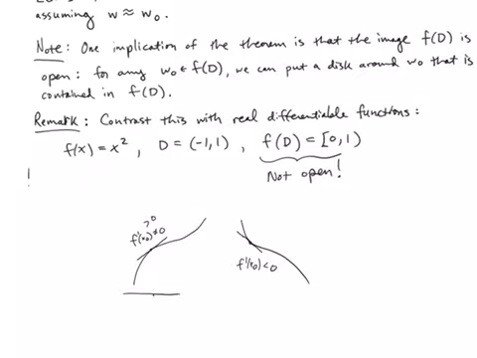So you have x naught down here. There's going to be a little interval around x naught where your function is strictly increasing. And in this picture you'd have a little interval around x naught where your function is strictly decreasing. And intuitively speaking, that seems plausible. It turns out you actually need to assume that f prime is continuous at x naught in order for that to be true.